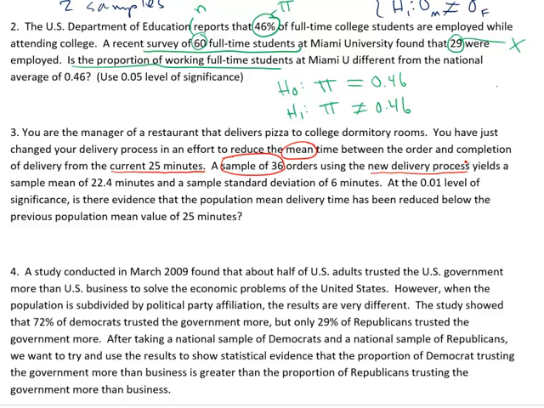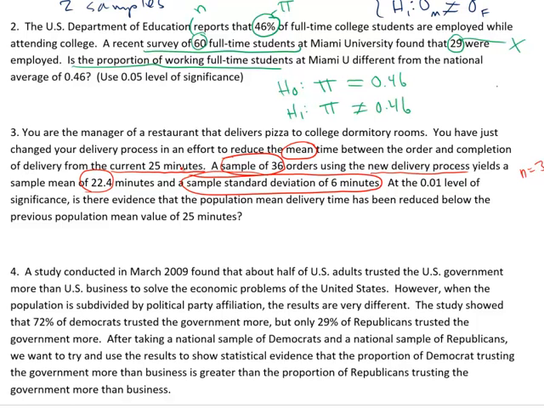and so we've got a sample. We've got n equals 36. We know that our population mean is going to be listed below. We have a sample mean and a sample standard deviation. That's important because we don't have a population standard deviation.